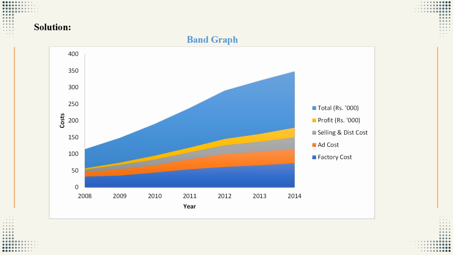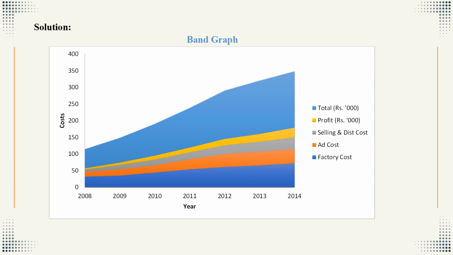The factory cost line would start from the first, where the blue color is given. That means the line would be on top of the blue color, and the coloring has been done below that.